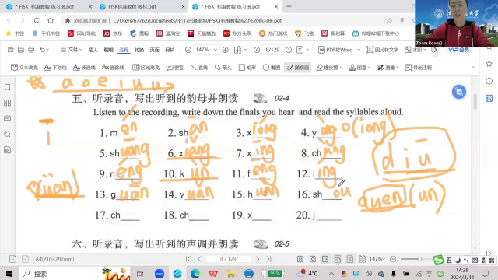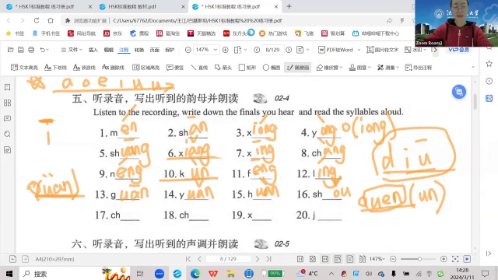O, yes, we should mark the tone above the alphabet O. Why? Because look at this alphabet sequence: a, o, e, i, u, ü. I've told you when we mark the tones, we should follow this sequence, and O is before the alphabet U and Ü, right? So we should mark the tone above the alphabet O, right? 手.